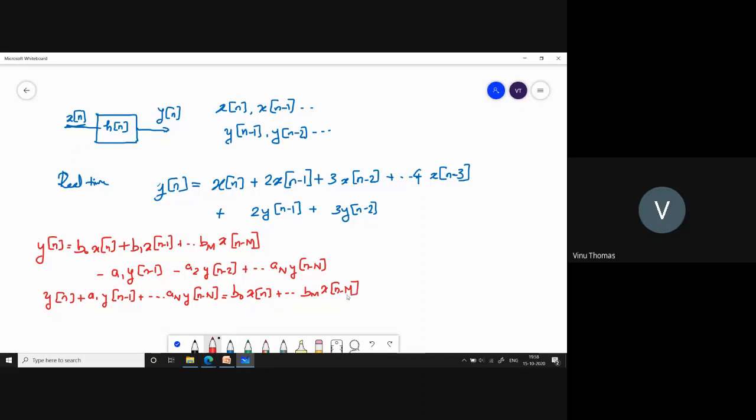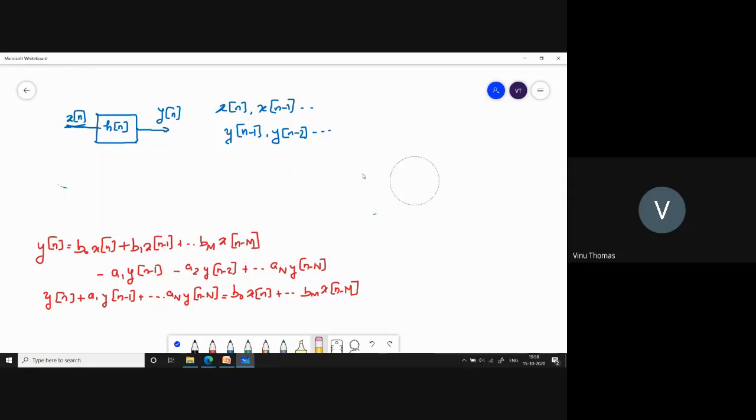Now I would like you to take Z transforms throughout. So we will try to find out the system function of this system. That's the transfer function for the system, and then we will try to write down the system function. So let us take Z transform throughout.